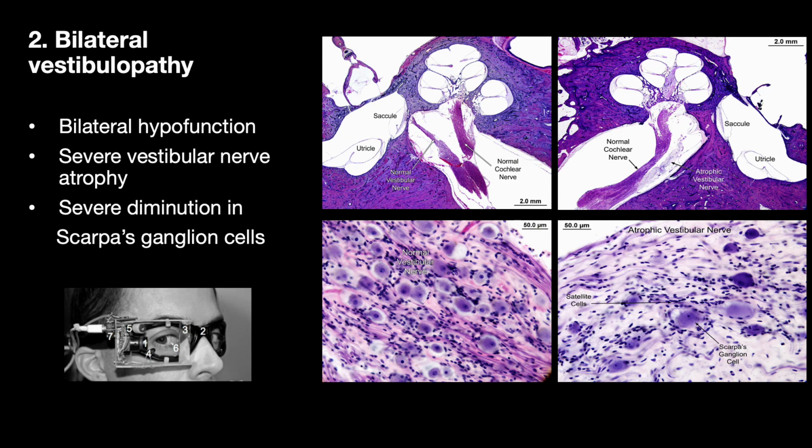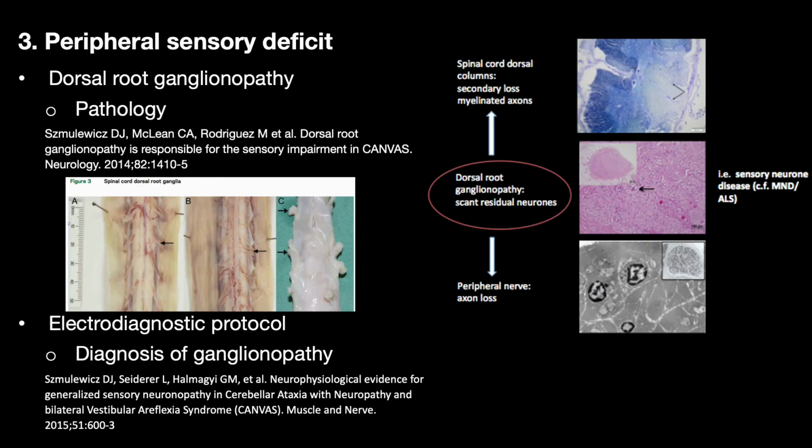However, under high power, we see on the left in the normal case there are many of the large fluffy purple cells. These are the Scarpa or vestibular ganglion cells, whilst on the right you see very few of these cells, and so the underlying pathology was that of a vestibular ganglionopathy.